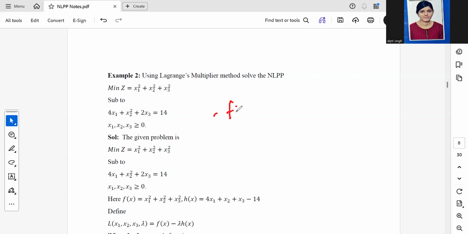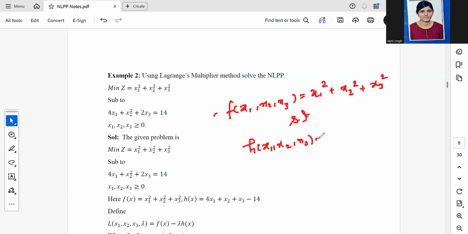First, we can write z as a function of x1, x2, x3, that is x1 square plus x2 square plus x3 square. And subject to the condition, we can write the constraint as a function of x1, x2, x3, that is 4x1 plus x2 square plus twice of x3 minus 40.